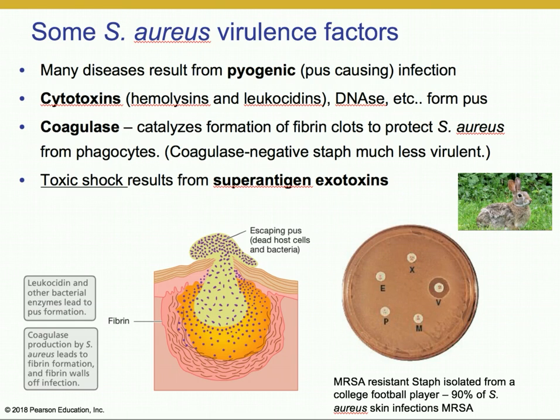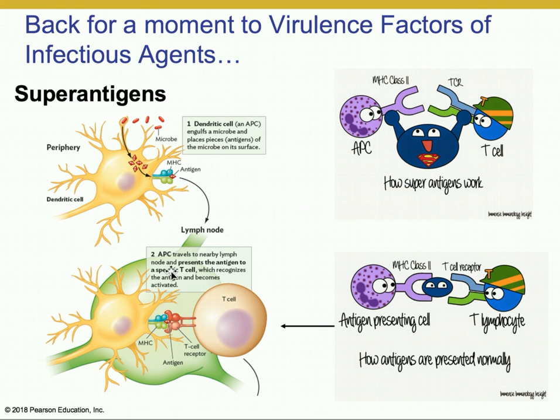Okay, so superantigens. You'll recall from the chapter on adaptive immunity that when phagocytes at the periphery, which means at the surface of the skin perhaps, such as the dendritic cell, a specialist type of phagocyte, ingest microbes, those are processed and then presented on MHC molecules, which is the major histocompatibility complex.